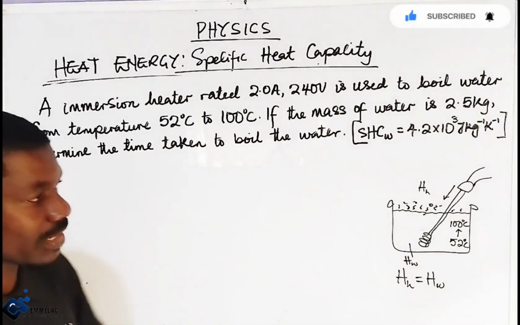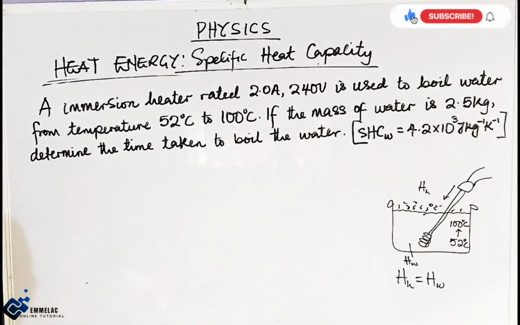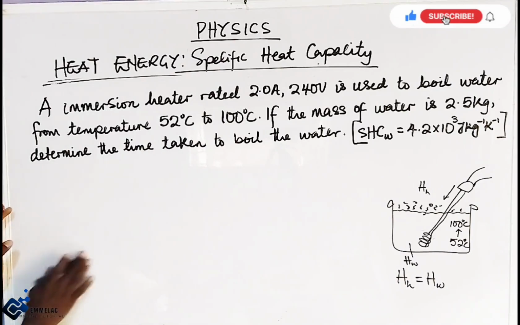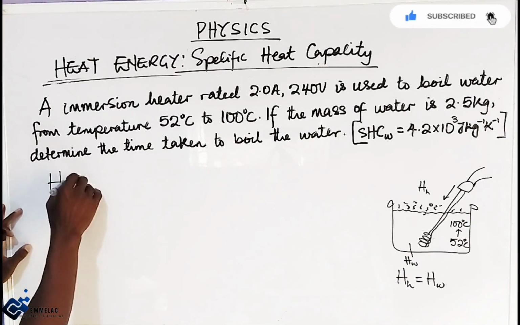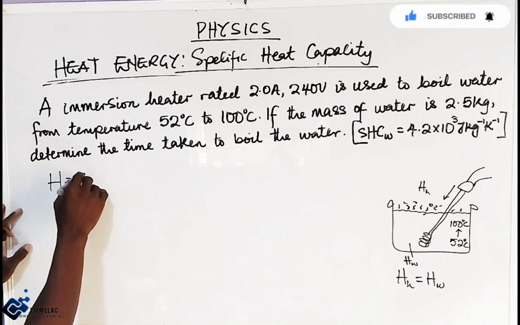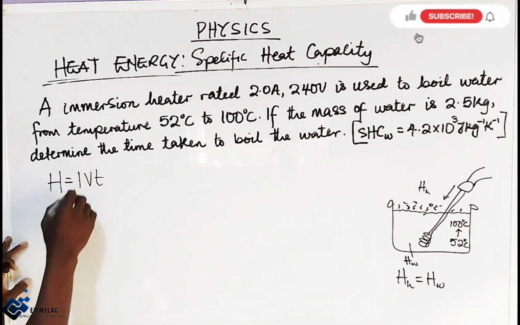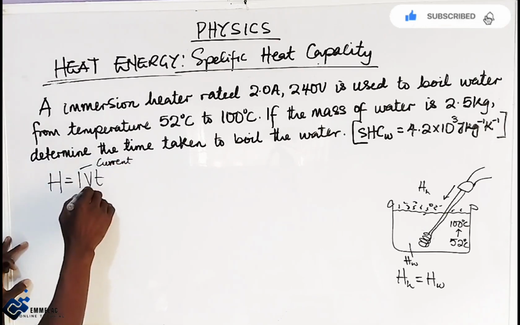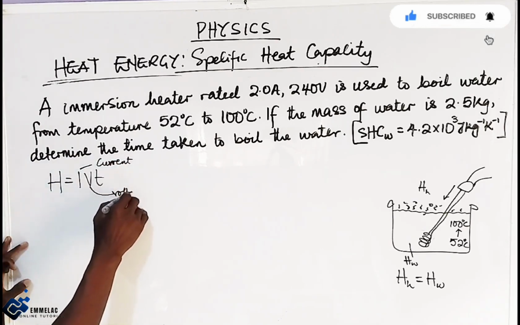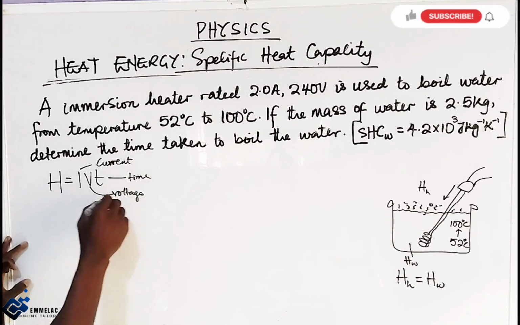And take note that this is electric energy. Now for electric energy, heat is given as IVT, where I is the current, V is the voltage, and T is the time.